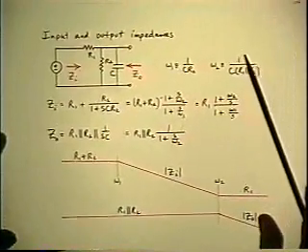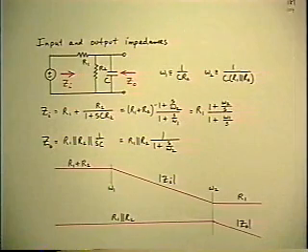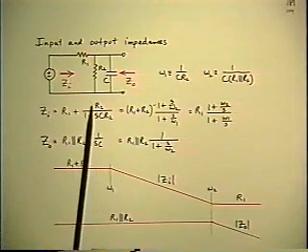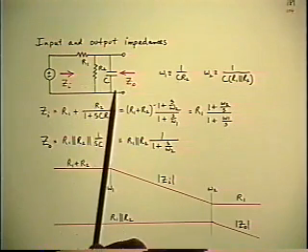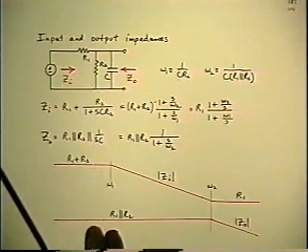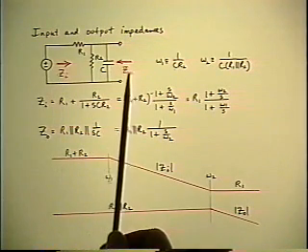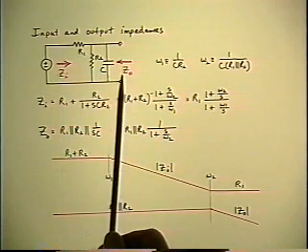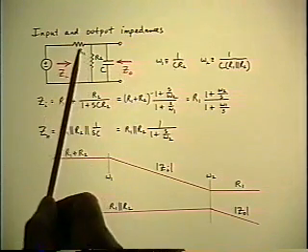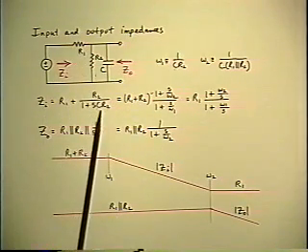Here are some examples you can play with on your own also, just to see what happens with resistance. Here's an example I'll go through first. Another simple network. The objective this time is to find the input and output impedance in factored pole zero form. The input impedance is just the sum of R1 plus the other two in parallel.